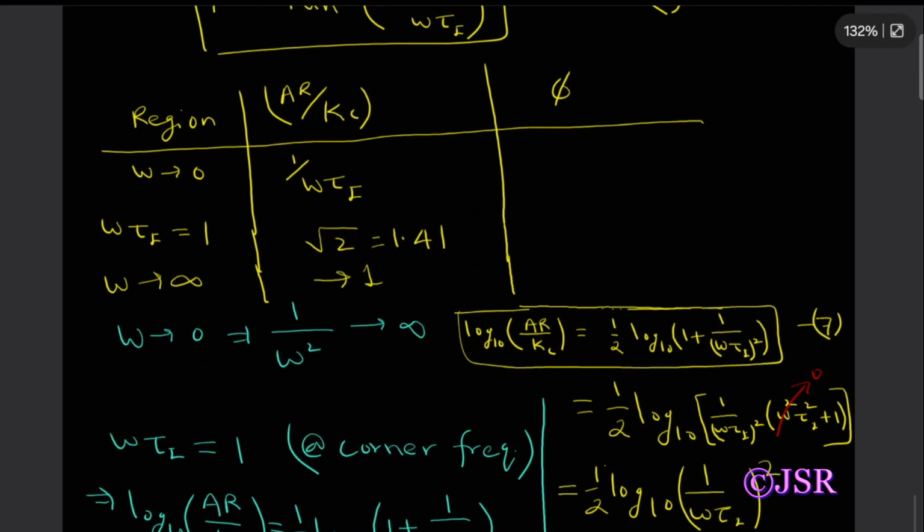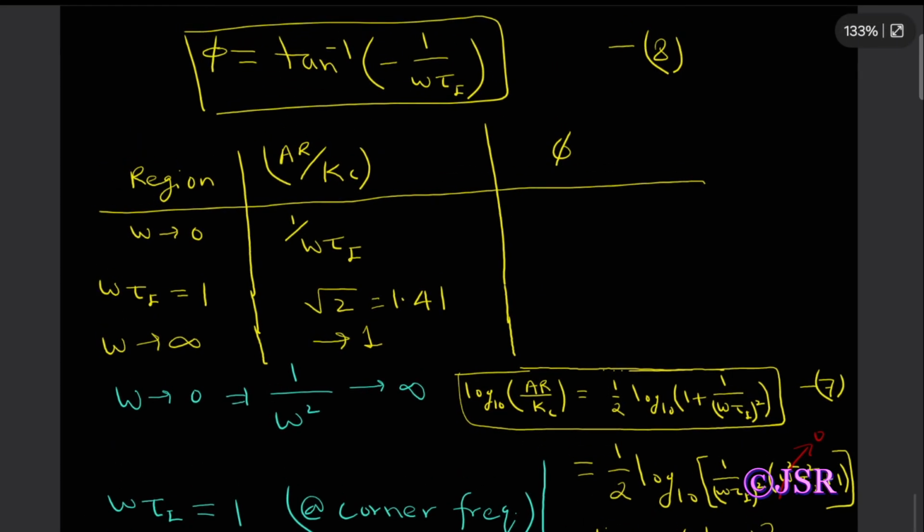Similarly we can find the phi for these three regions. So when omega tends to 0, phi will be tan inverse of minus infinity, and that will be equal to minus 90 degree.